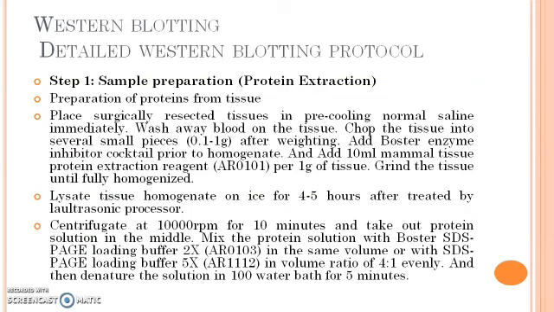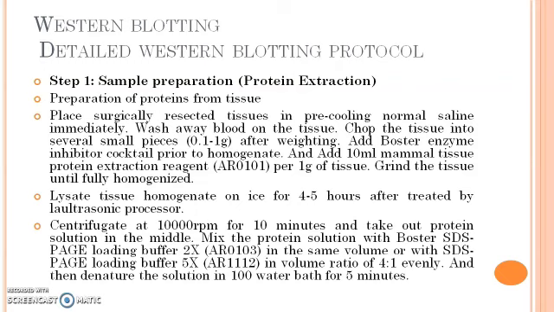Preparation of the proteins from tissue. Place surgically resected tissues in pre-cooled normal saline immediately. Wash away blood on the tissue. Chop the tissue into several small pieces, 0.1 to 1 gram after weighing. Add Booster enzyme inhibitor cocktail prior to homogenization and add 10 ml mammalian tissue protein extraction reagent per 1 gram of tissue. Grind the tissue until fully homogenized.